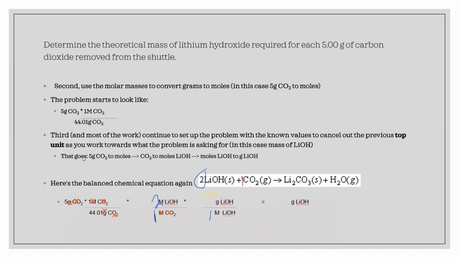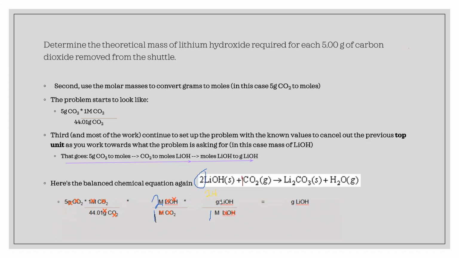So this is kind of my conversion idea here, where we're going from grams to moles to the other kind of moles, and then we want to come out in grams at the end. So this is all about setting up a long multiplication of fractions so that we can keep canceling units.